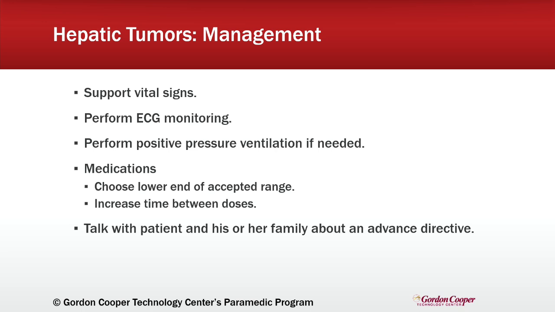And then you can always increase the doses as needed. In some cases, a liver resection, where they go in and remove a piece of the liver, may be warranted, and it may work. Of course, talk to the patient and their family to understand if there's an advance directive or a living will or even a medical power of attorney, so that you can respect the wishes of the patient and the family.